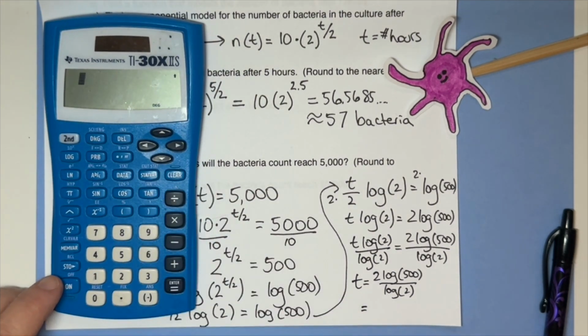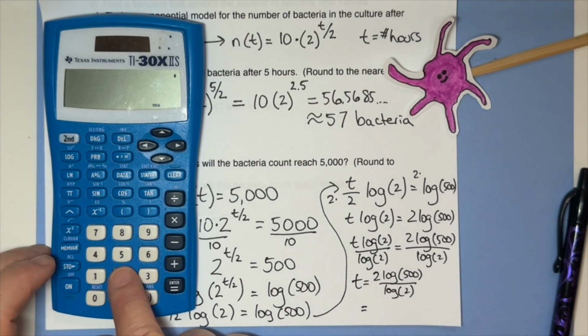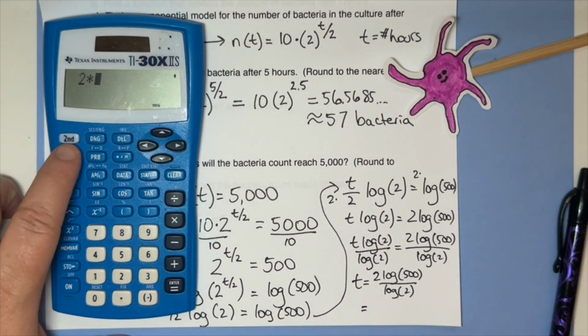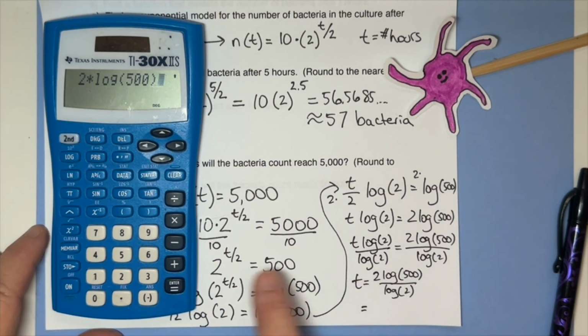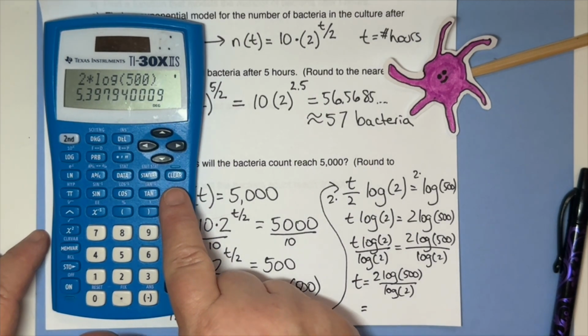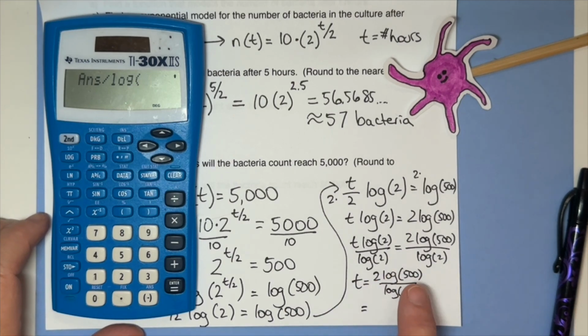Okay, so up on top I've got 2 times the log of 500. On my calculator, I click on log first and then 500, and enter. This is the numerator. Then I'm going to divide by log of 2.